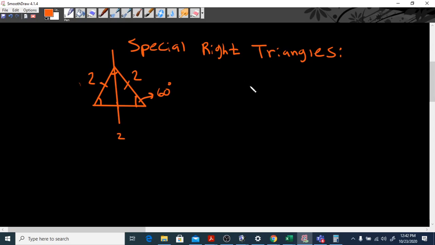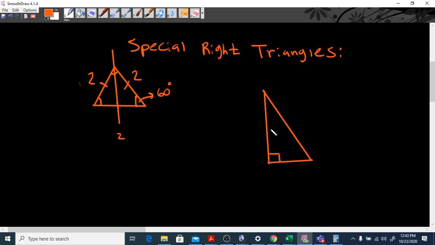Now we can zoom in on half of this thing. I'm sorry, what I meant to say was we don't wind up with an equilateral triangle. We end up with something different, and that something different is a 30, 60, 90.